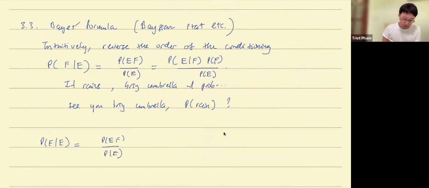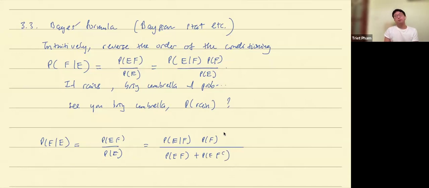And now P of EF is P of E given F times P of F, that's fine, right? But you will also develop this P of E as follows. First of all, P of E is P of E intersect F plus P of E intersect F complement, right?